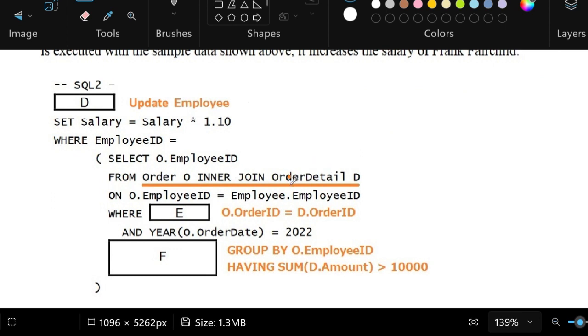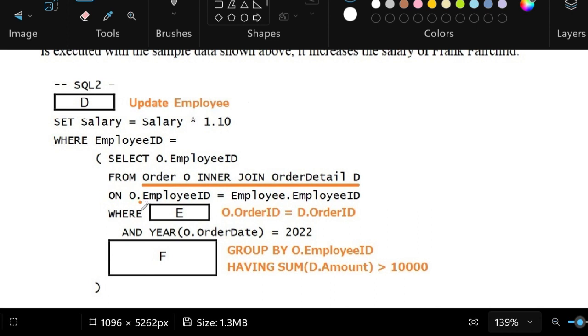So once we have that, we have the order and order details whose rows match. Next, we need to get hold of the employee using the employee ID. The employee actually is another table. So we have three tables here: the order table, the order detail table, and the employee table.